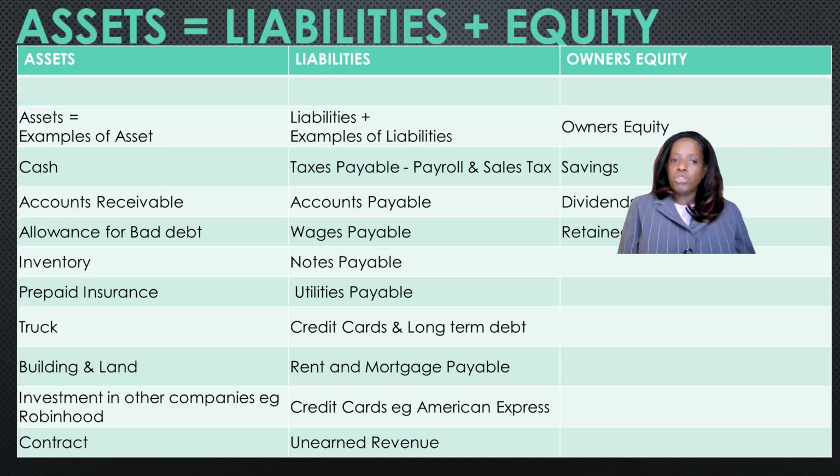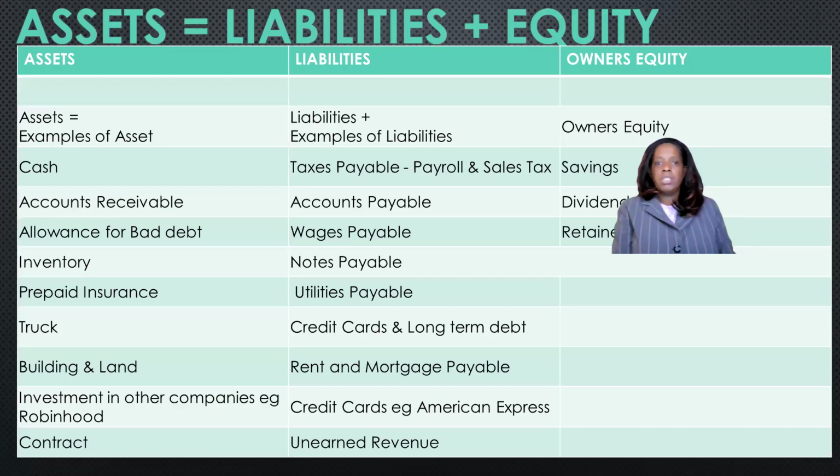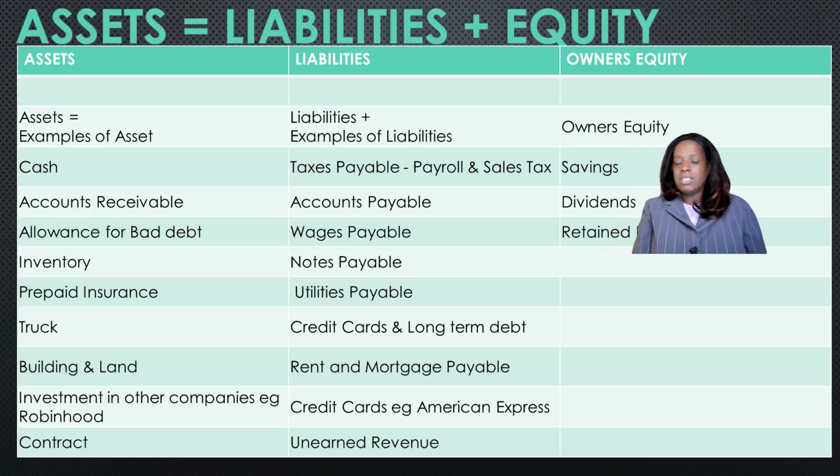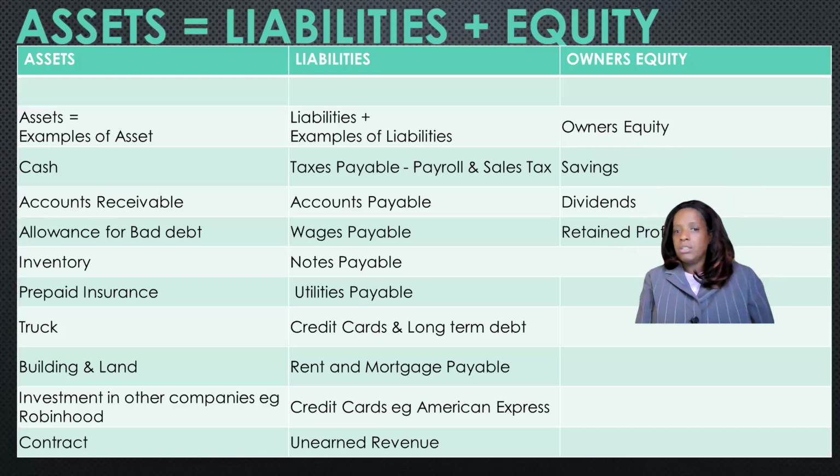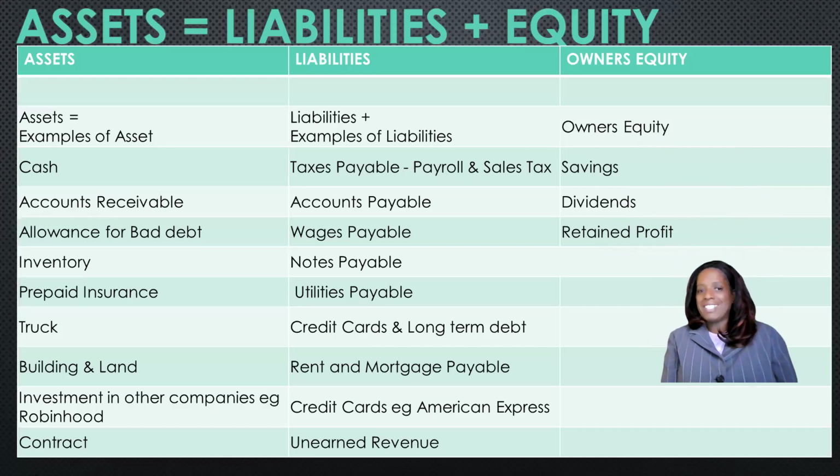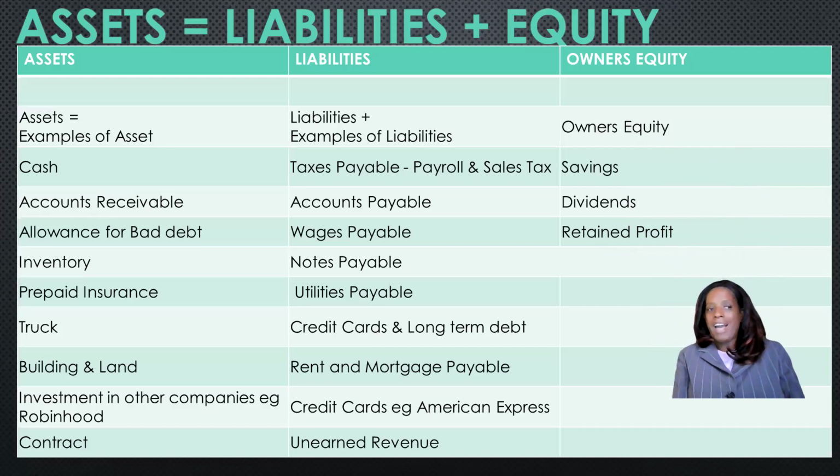This one should only be long-term debt. Then we have rent and mortgage payable. Then we have credit cards. Those are examples of liabilities. Owner's equity. We're looking at savings, dividends, and retained profit. So these are examples of our assets, our liabilities, and owner's equity.